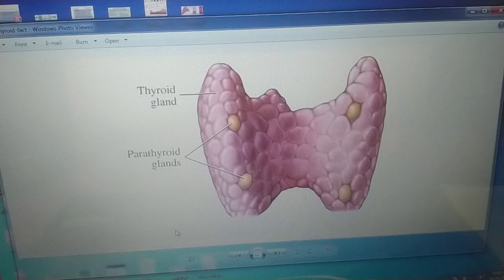As soon as the sugar increases in the blood, there will be inhibition of release of glucagon from the pancreas and the release of insulin will be there. So that will be the feedback mechanism.